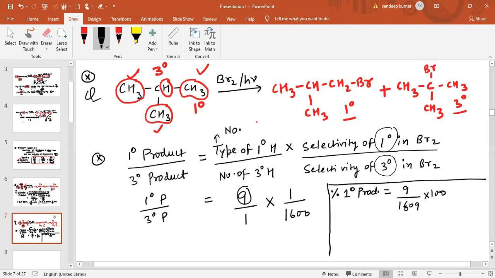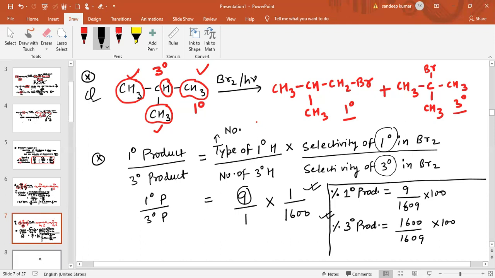In the same way, for the percentage of 3 degree product, 3 degree is basically 1600 and the total is 1609, multiplied by 100. So these are the 1 degree percentage product and 3 degree percentage product.